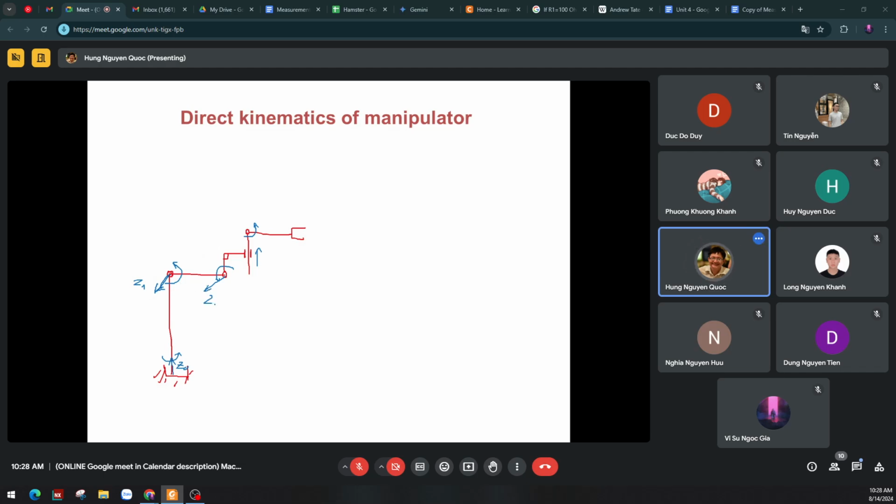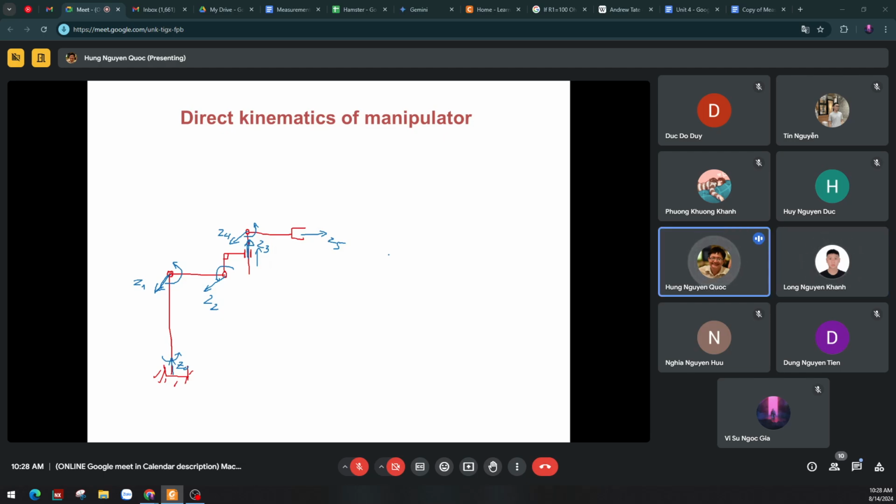This is Z2. And because this is sliding, this is the sliding direction. So this is Z3. And this is the revolute joint. This is Z4. And I always want this one to be Z5 as well. Okay, I understand now.